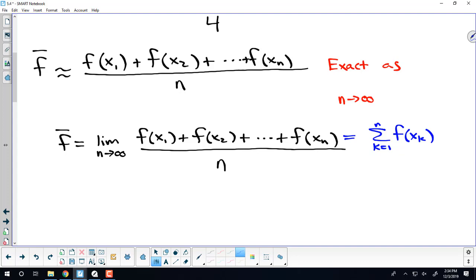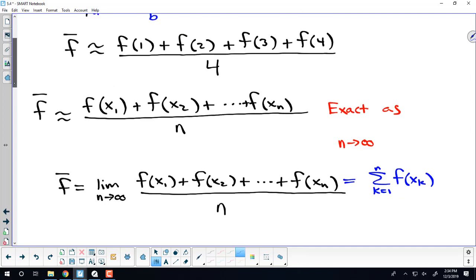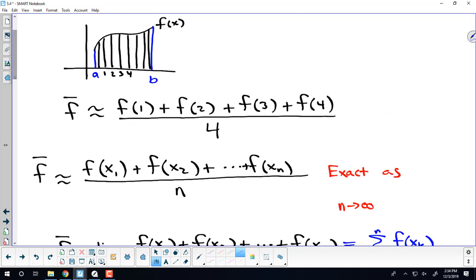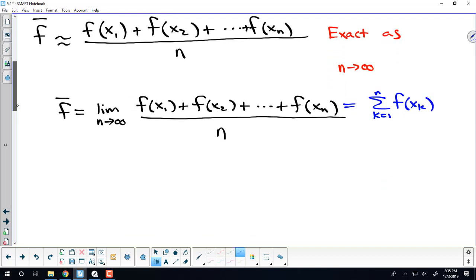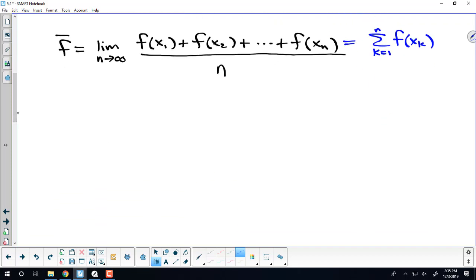We're going to rewrite n, because n comes from the same arena that our Riemann sums came from, where we sliced it up and approximated those rectangles. So the idea that the number of rectangles is still related by, well, we should write it over here: delta x is b minus a over n. Remember that formula?